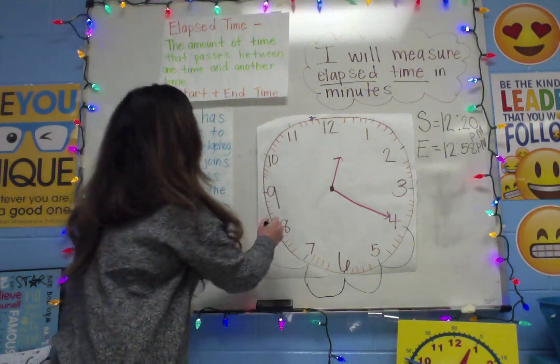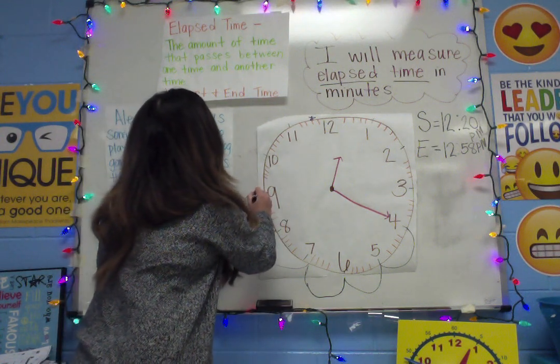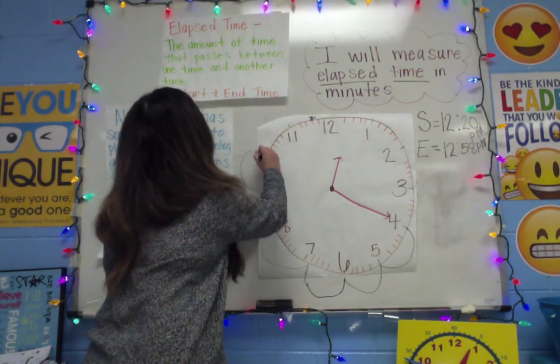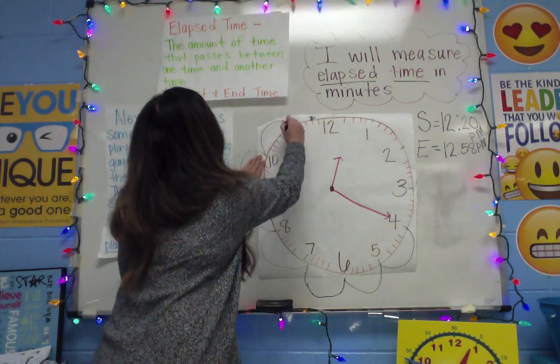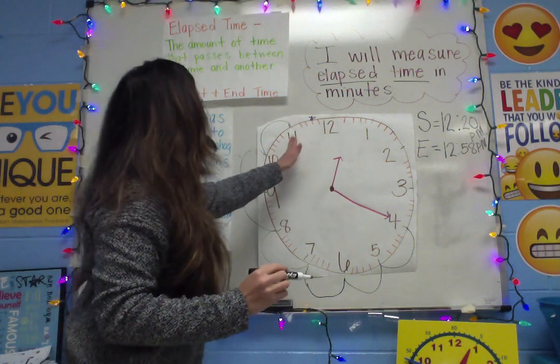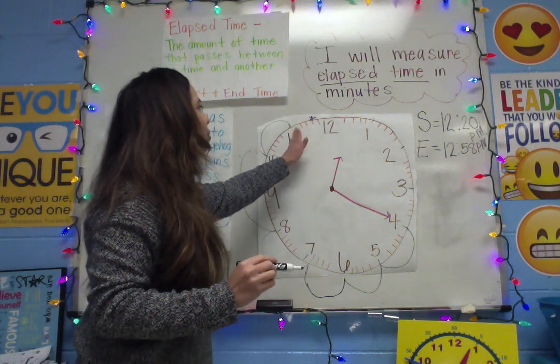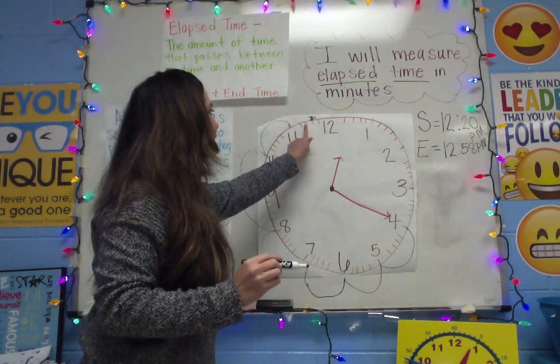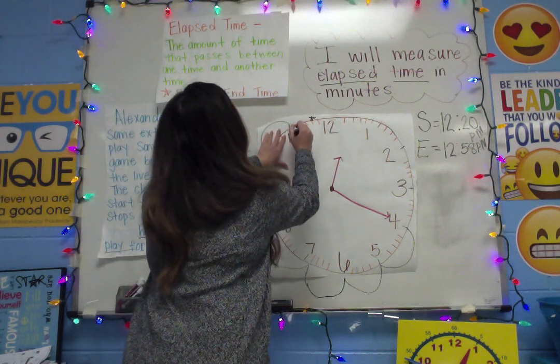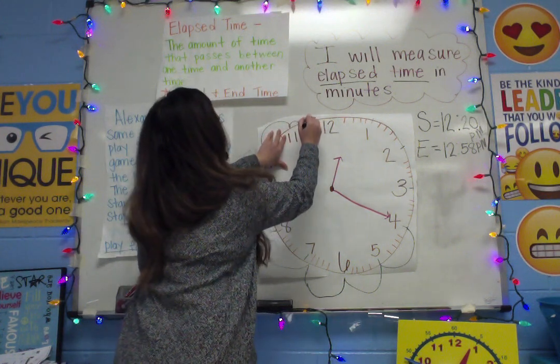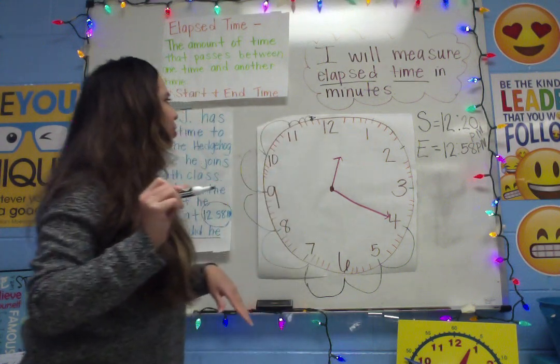These are my flower petals. 20, 25, 30, 35. Stop there. Now count up by ones. 35, 36, 37, 38. We stop at the star.